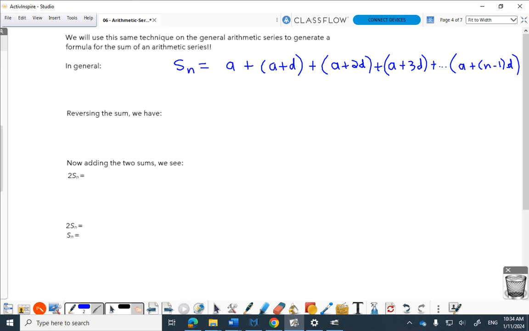Now we're going to do what Gauss did. We're going to reverse that sum. I'm just going to flip it around and go, okay, there's the last term. I'll write it first.